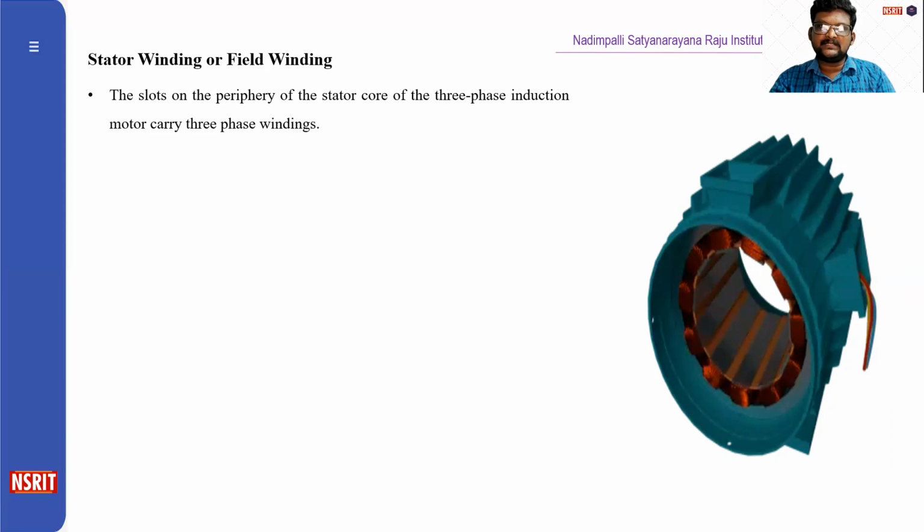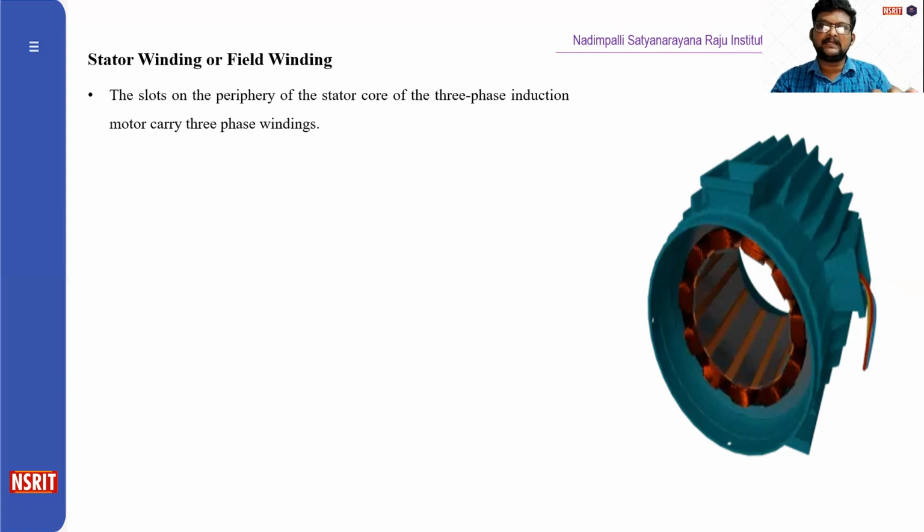The three phases of the winding are connected either in star or delta depending upon the type of starting method we use. We start the squirrel cage motor mostly with a star-delta starter, and hence the stator of the squirrel cage motor is delta connected.